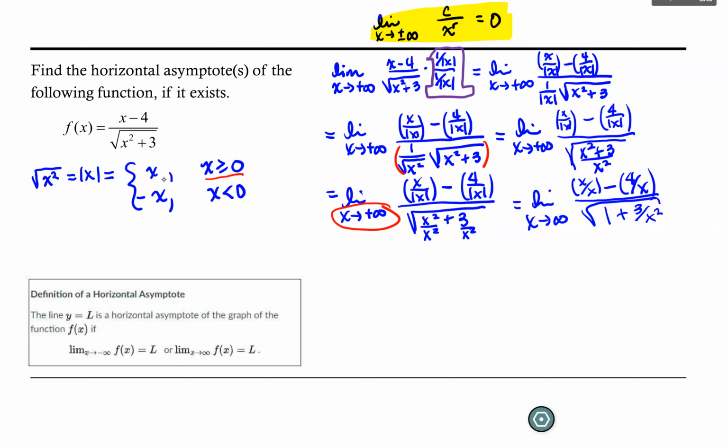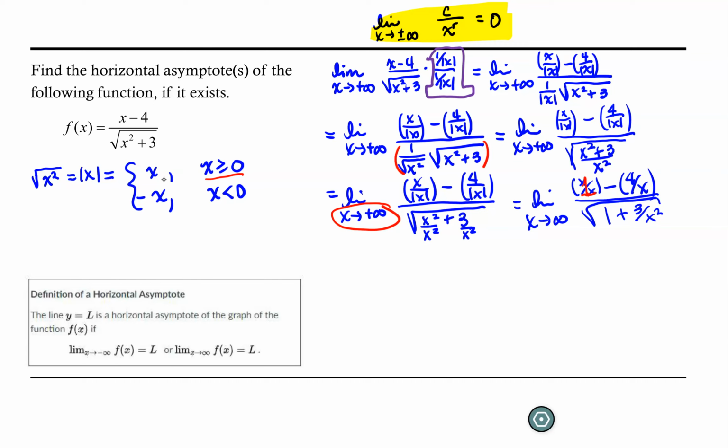Now there is one more thing I can do to simplify this before I take the limit. This x over x can simplify to be a 1, because x is headed towards positive infinity, so x will not be equal to 0. So we're allowed to do that.